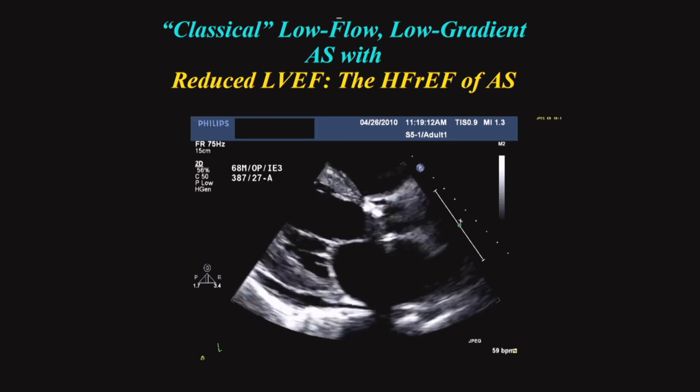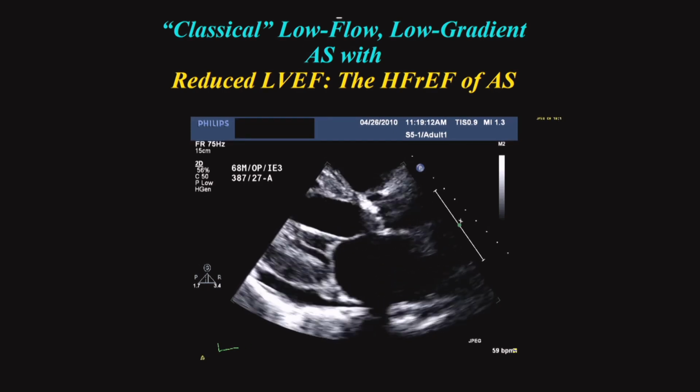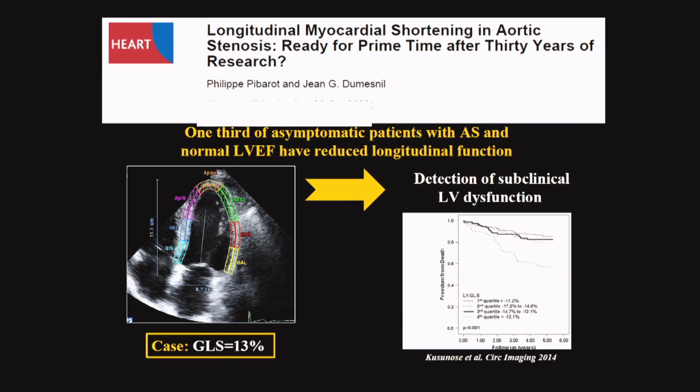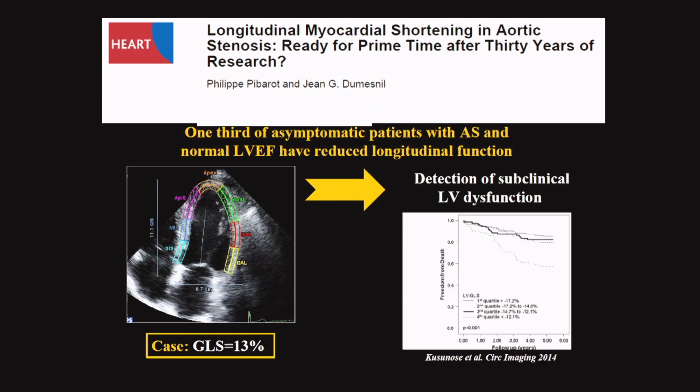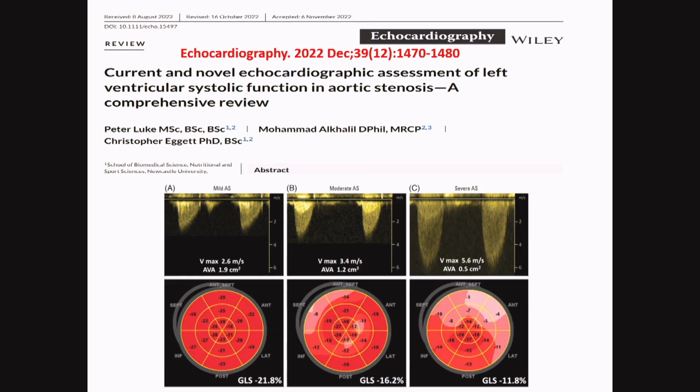That is easy to pick up, but what's important is to pick the case before reaching such a stage. And we know that one third of asymptomatic patients with aortic stenosis and normal ejection fraction have reduced longitudinal function, reduced GLS. So I think this is important to pick up before getting into advanced left heart failure.